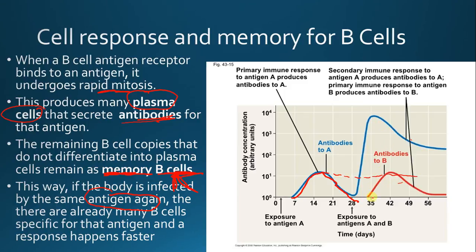So when I get exposed again, all of a sudden I rapidly produce, in a much shorter time, a lot more of those antibodies. That's why when we get sick a second time, we fight it off and we don't even know we were sick. That's why we usually say we can't get that same strain of the disease twice. All right? And that's because we have these memory B and later memory T cells that expedite our immune response subsequently.